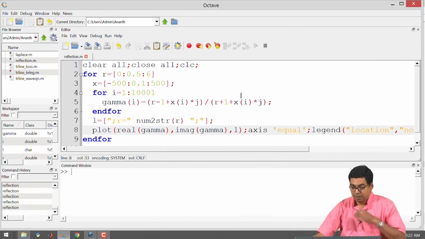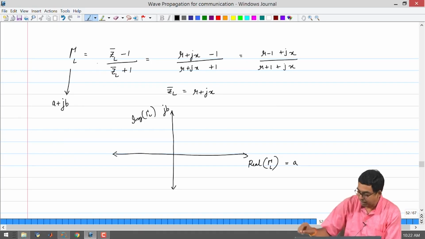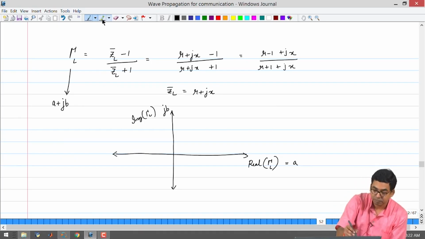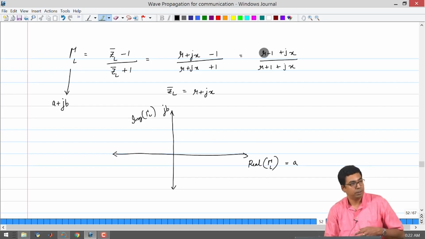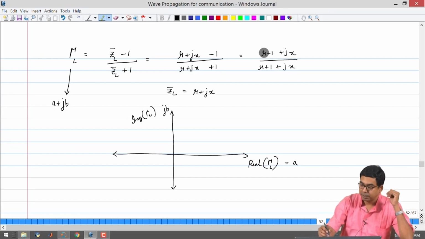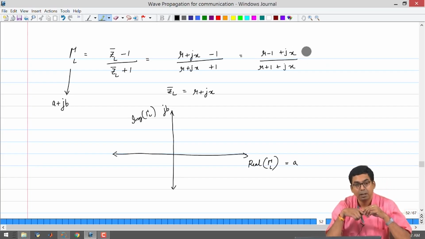Right. Now, the relationship between gamma L and the resistance should be clear. Okay. So, if you keep your resistance fixed, no matter what value of x you take, gamma is going to sweep a circle.